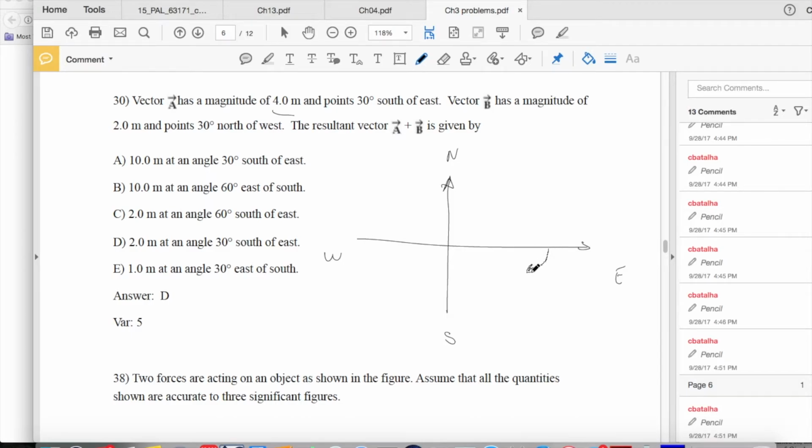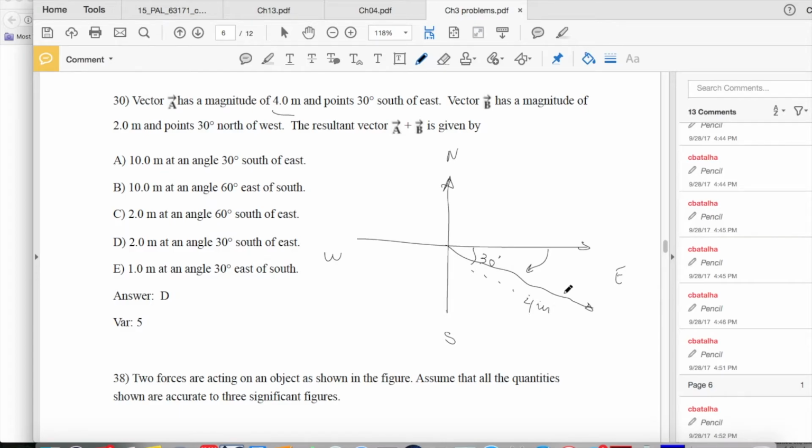South of east, we go 30 degrees. And the magnitude of it is 4 meters. So if you measure the length of this vector here, it is 4 meters.